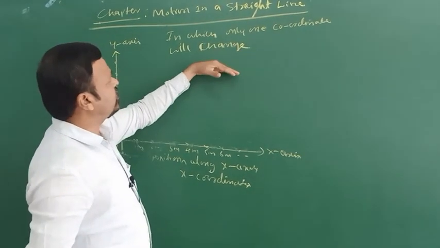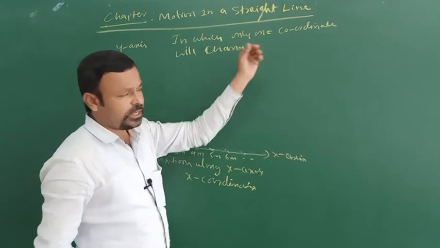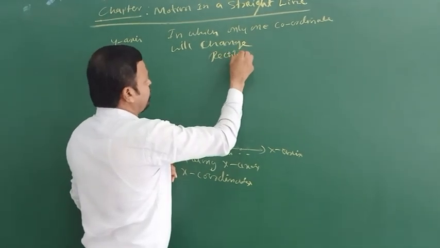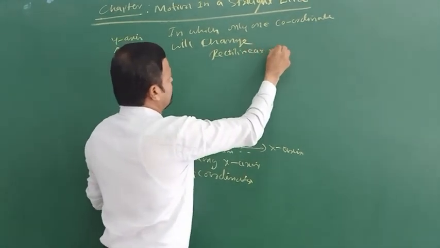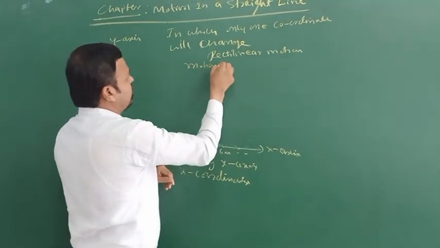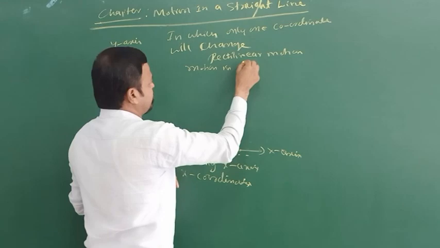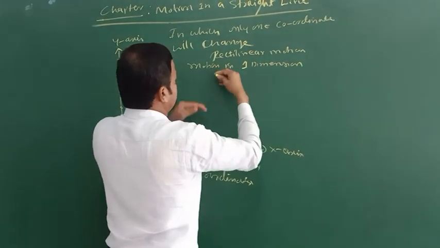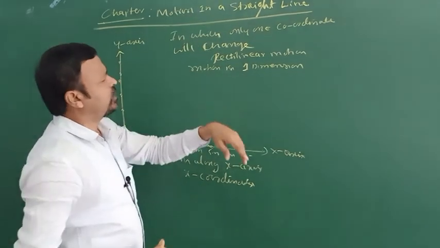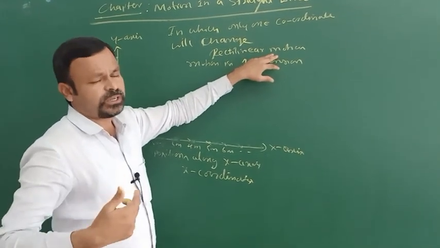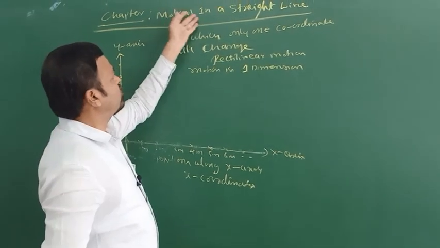Then such a motion is called motion in a straight line. It is also called rectilinear motion or motion in one dimension. These are the different names for motion in a straight line: motion in one dimension, rectilinear motion, or simply linear motion.